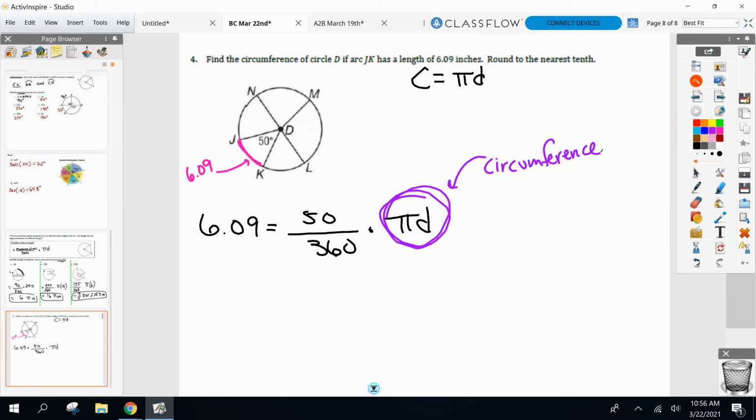Did anybody just do 50 over 360, find that decimal, and then do 6.09 divided by copy paste? Remember old copy paste? You guys just discovered that this year. I don't care what you do. Do what you're comfortable with. I'll go by the first response, which was multiply by the reciprocal.